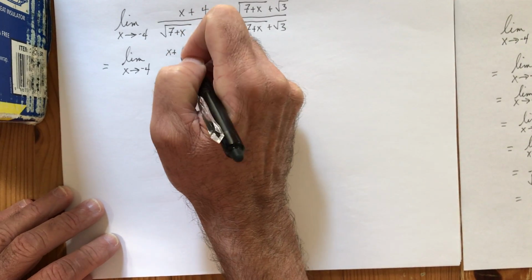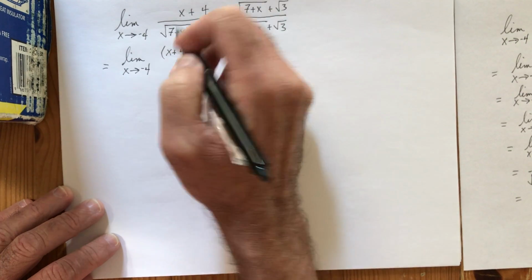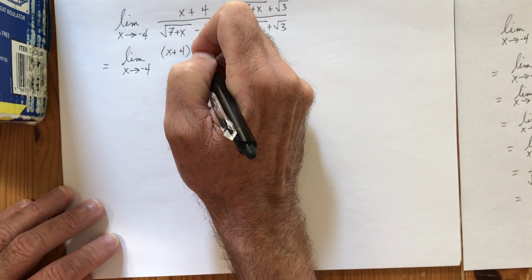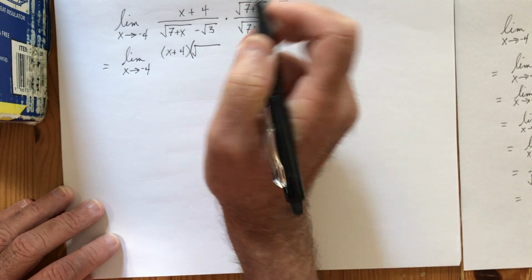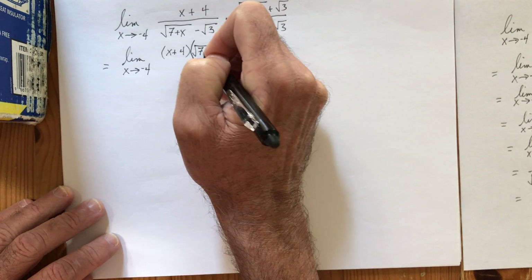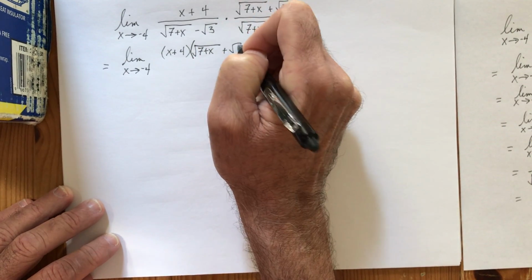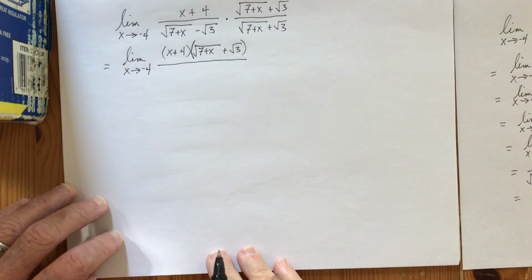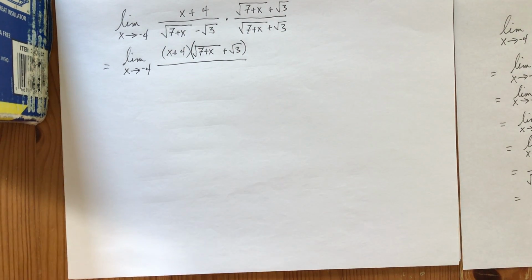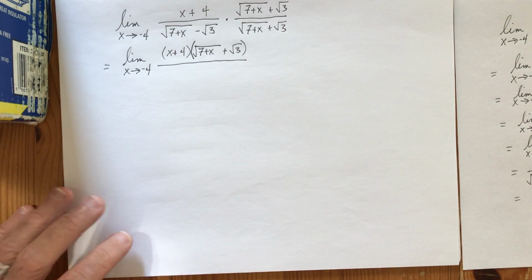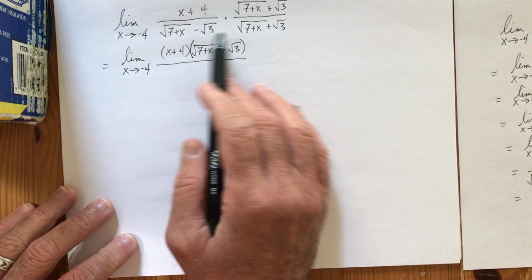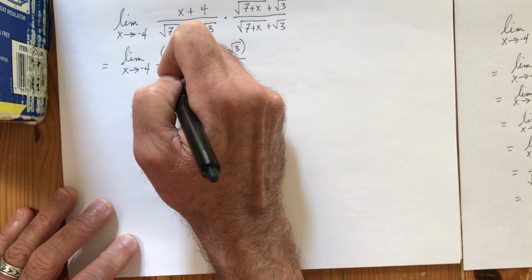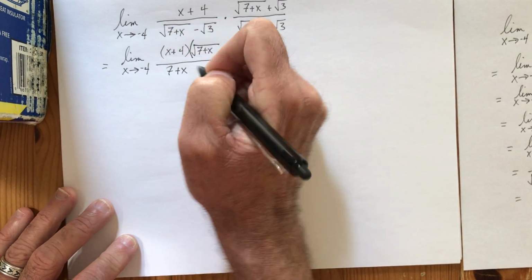So in the numerator, we get x plus 4 multiplied by the conjugate. Oops, let me squeeze in a parenthesis there. Like that. And then remembering what we get when we multiply conjugates, a plus b times a minus b equals a squared minus b squared. We square the first number, which gives us 7 plus x.